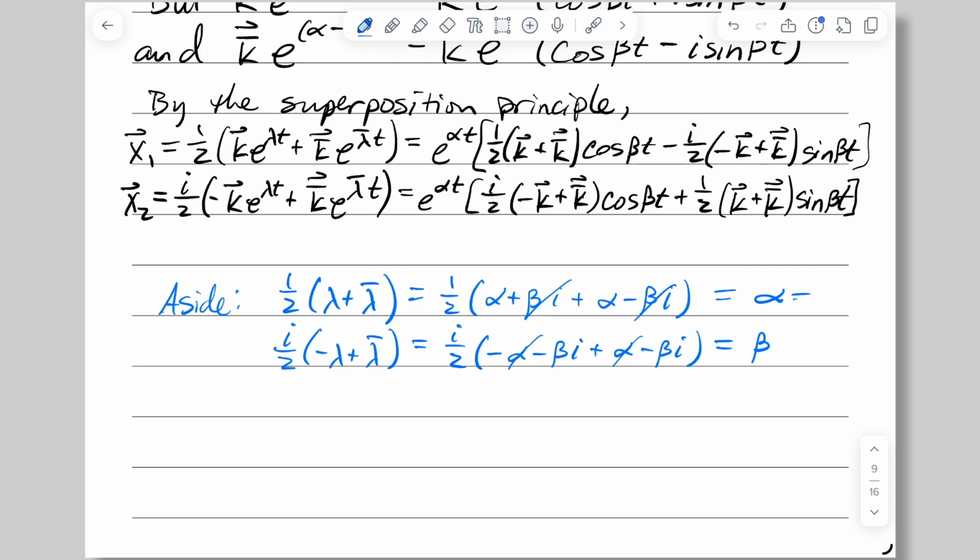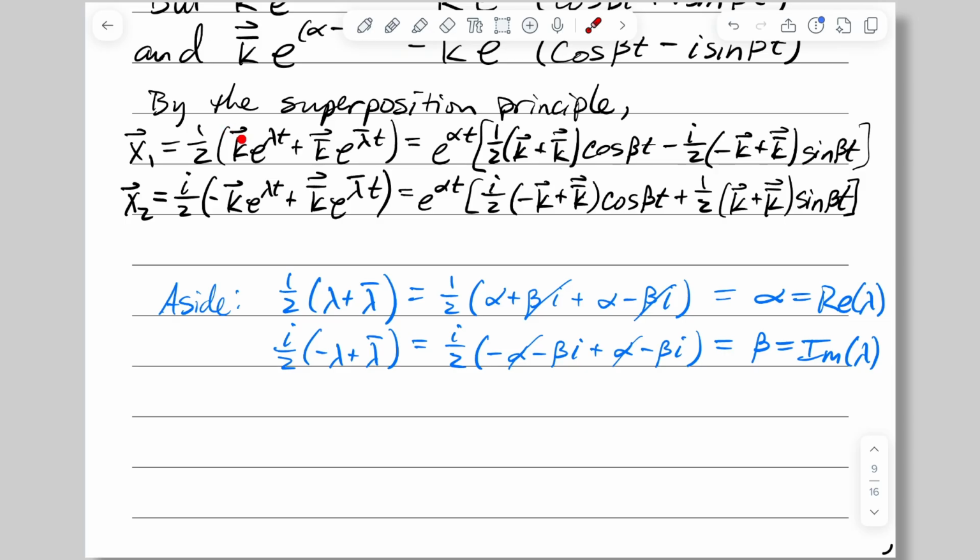The alpha is what we call the real part of the complex number lambda, and beta is the imaginary part of lambda. You'll notice that this lambda plus lambda bar is showing up in the form of k plus k bar, and negative lambda plus lambda bar is showing up in the form of negative k plus k bar.